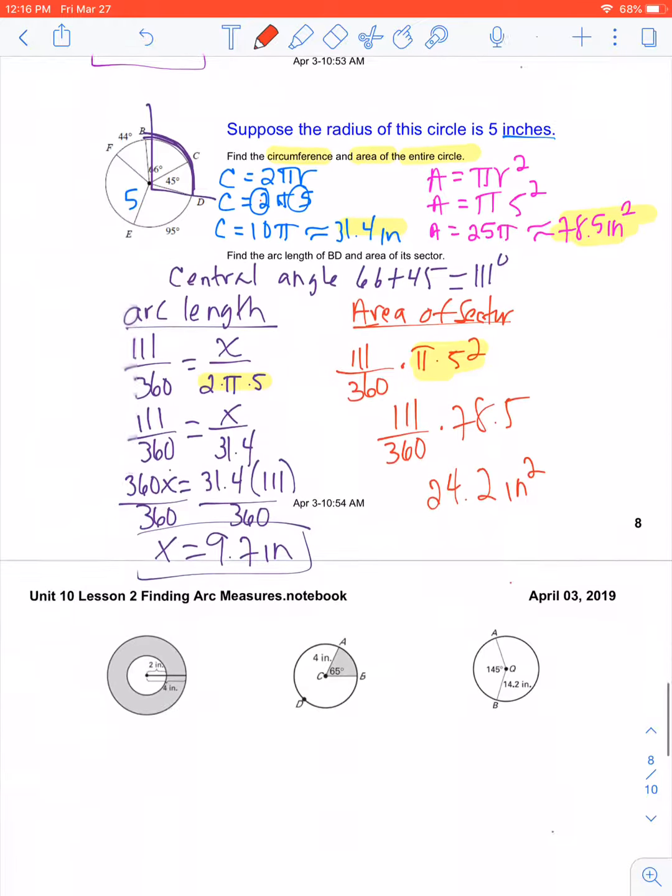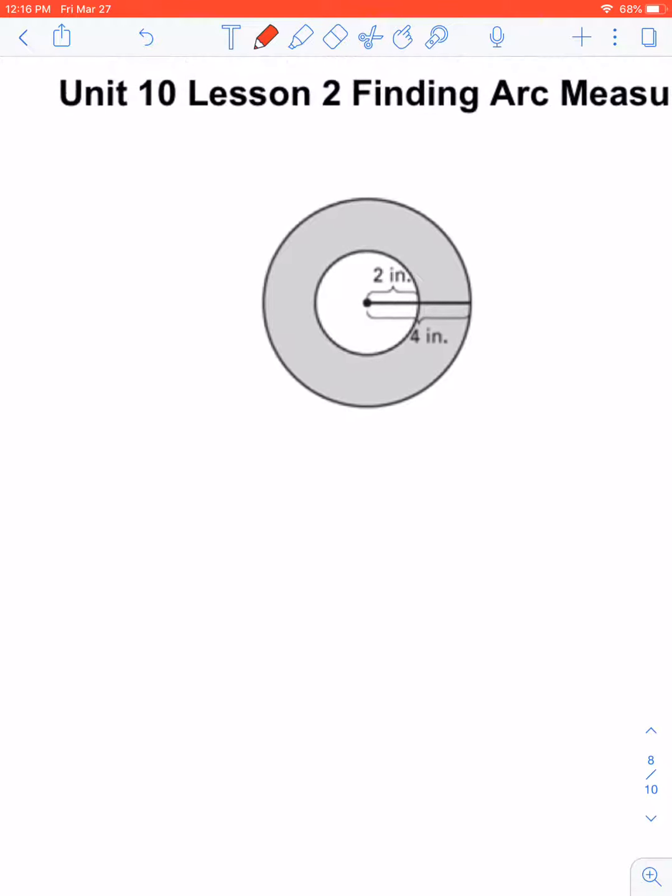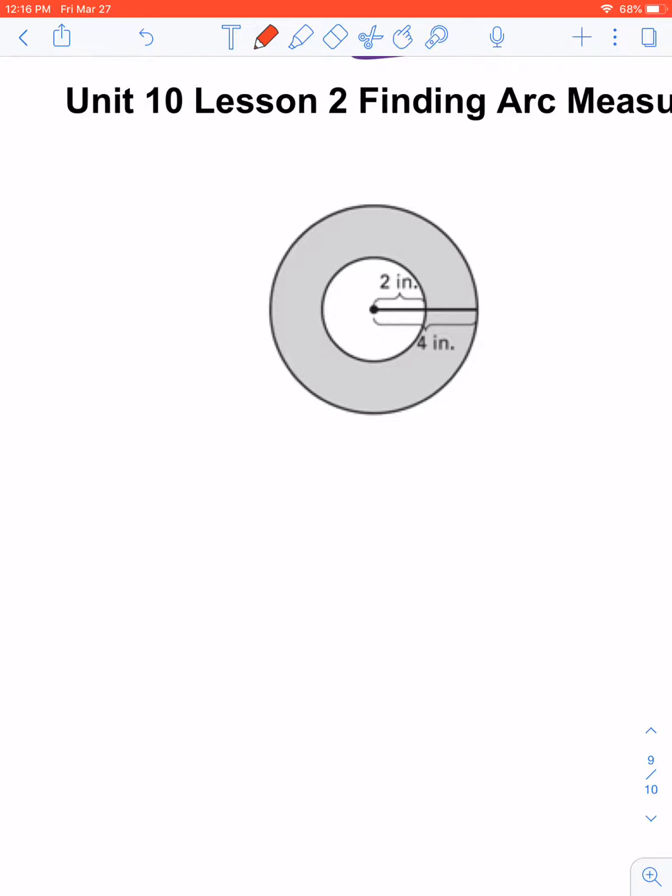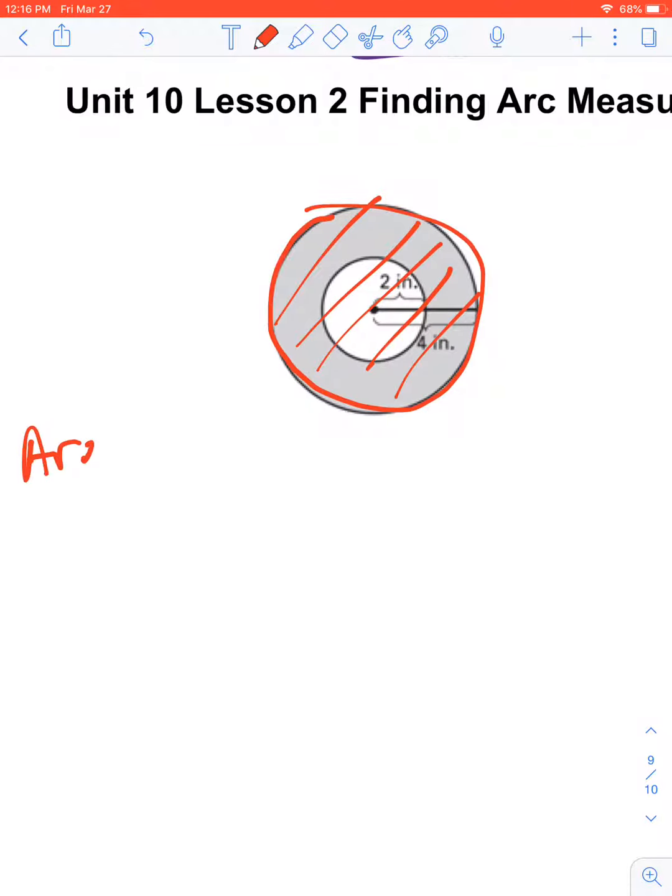Okay, let's do some more practice. Okay, when I look at this next problem, they want you to find the area of the shaded region. All right, so when I look at the area of the shaded region, I'm going to need a strategy. My strategy is I'm going to look at the whole entire circle, and I'm going to find the area of the total circle.